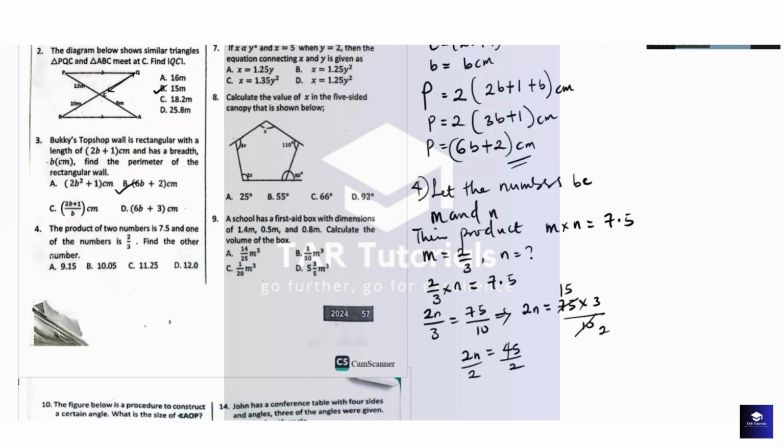We divide both sides by 2, so n equals 45 over 2 times 2, which is n equals 45 over 4.